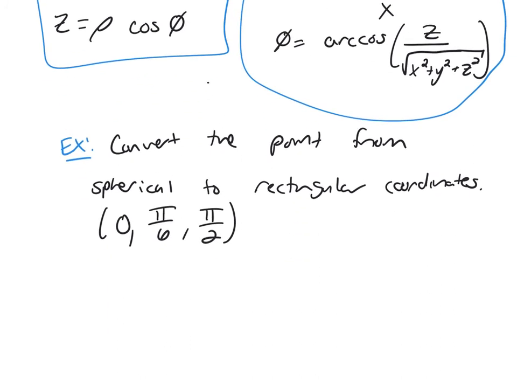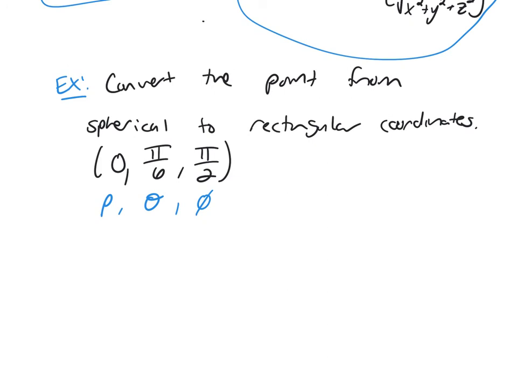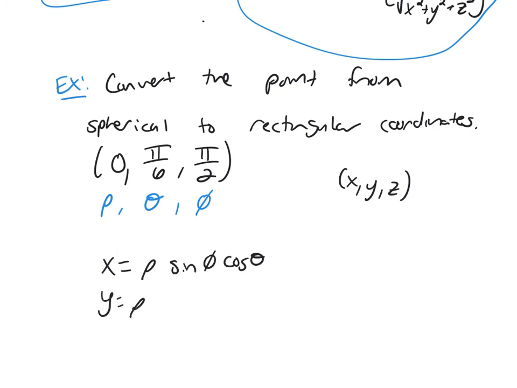So this is our rho, our theta, and our phi. So we need to get the point in terms of rectangular x, y, z. So we're going to use our first set of conversion equations. X is rho sine phi cosine theta. Y is rho, I'm just going to write down all the equations, sine phi sine theta. And z is rho cosine phi.